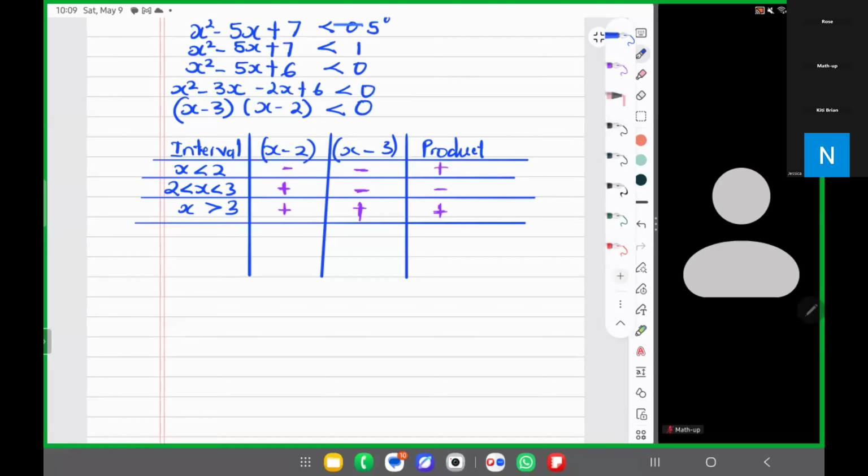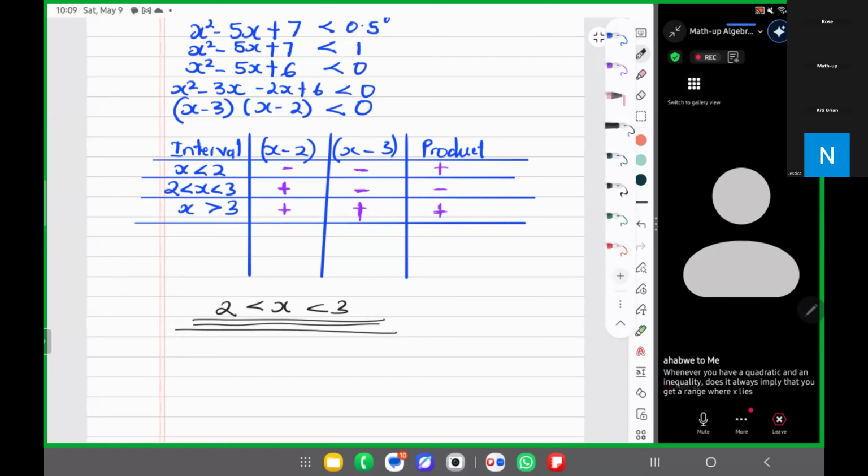And when I look at my table as testing, I can get a negative product where my value of x is between 2 and 3, which means that the answer to that inequality would be 2 less than x less than 3. So the values of x that can satisfy that inequality lie between 2 and 3, which is our answer.